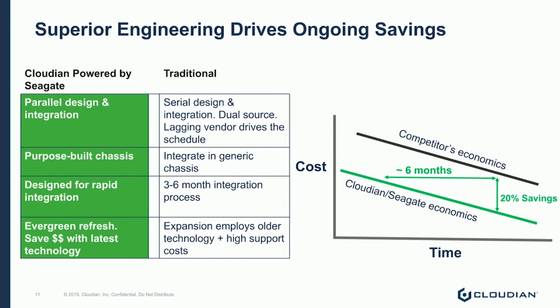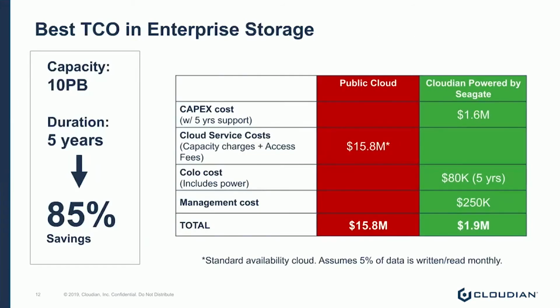Compare it with, say, public cloud, the math is really, really simple. We're looking at a street price of 160,000 per petabyte with this kind of system versus the public cloud over time. Of course, you're going to be using that capacity per petabyte year after year after year. So if you add it up over a 5-year period, a 10 petabyte environment would cost you nearly $16 million in public cloud.